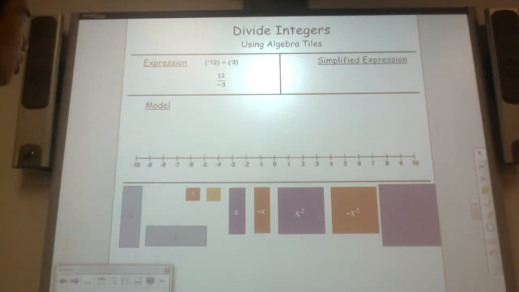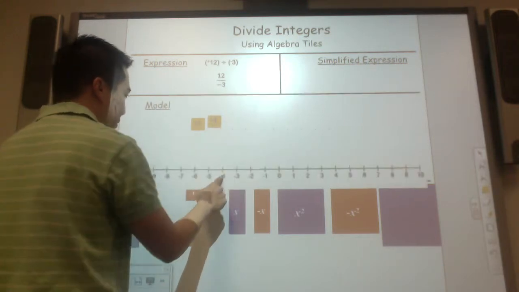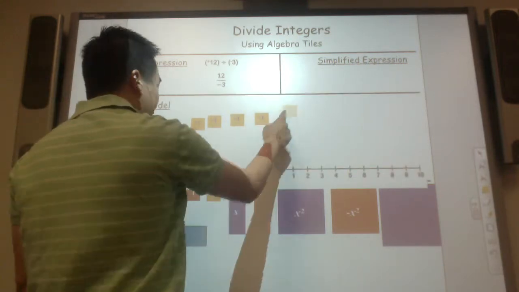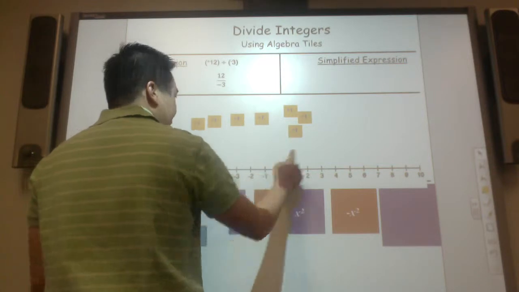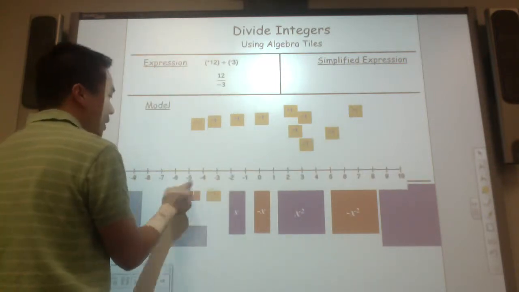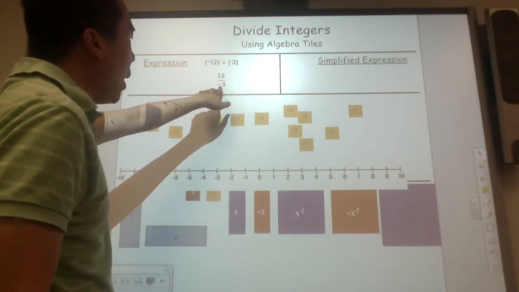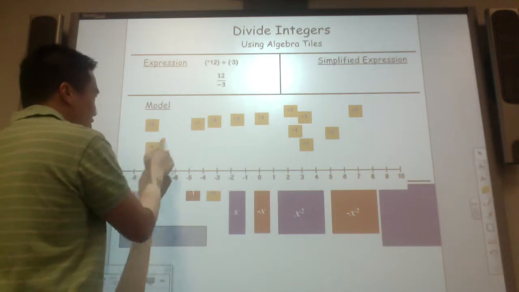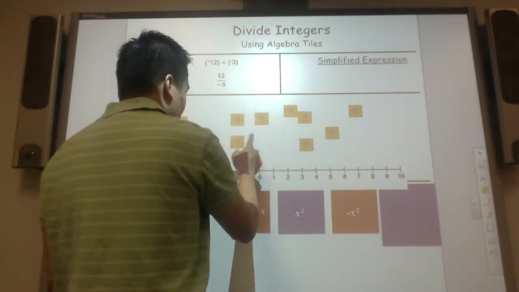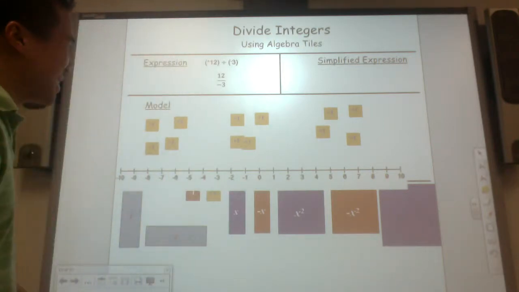Let's try our next one. You have 12 positives. 1, 2, 3, 4, 5, 6, 7, 8, 9, 10, 11, and 12. Divide it into the opposite of 3 groups. So we're dividing it into 3 groups, finding the opposite of.